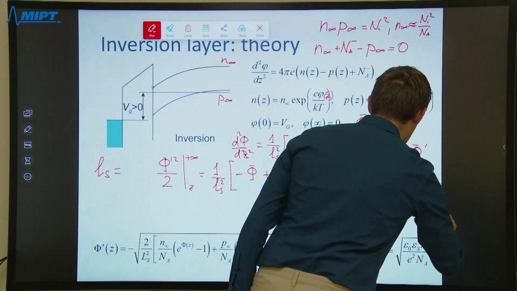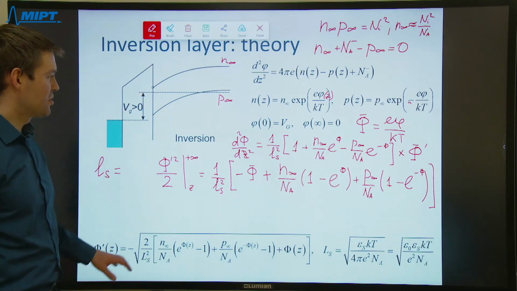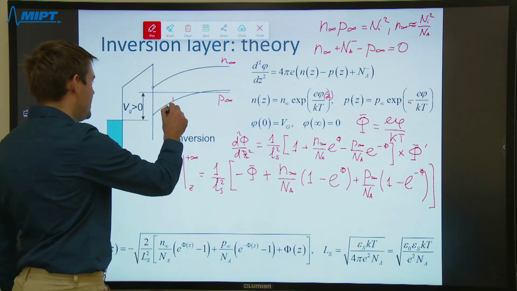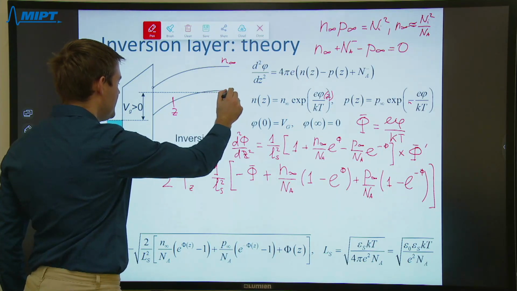That is all. And this is the result of integrating this equation from some observation point 0 to infinity.